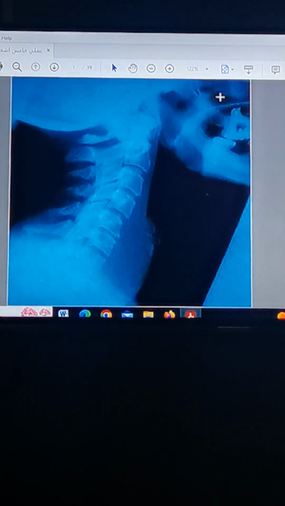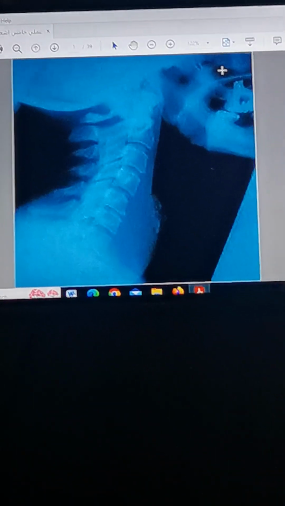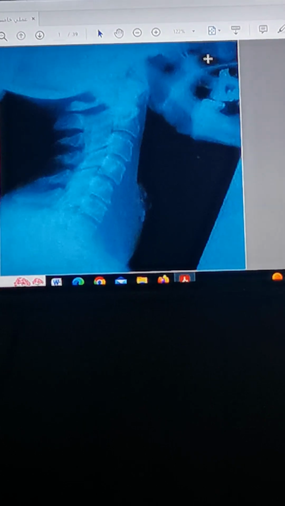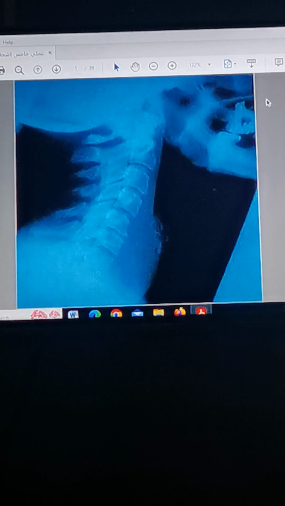We are using the commonest, plain X-ray, which is available everywhere, almost everywhere.